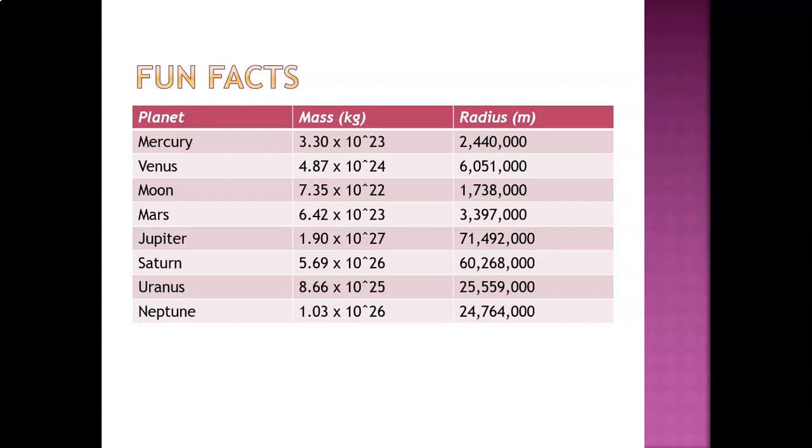Right? The masses in kilograms are shown here, and the radiuses are. Now, when you're solving problems, you will either be given the information, or you will be solving for the information, or it will be irrelevant. Again, you do not need to memorize these. I'm just putting this here as they are fun facts.